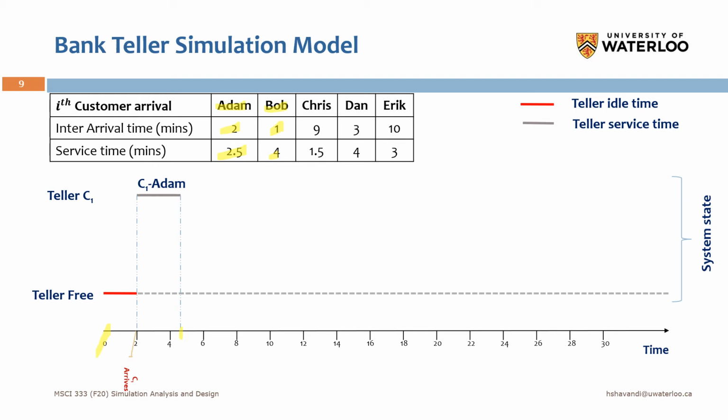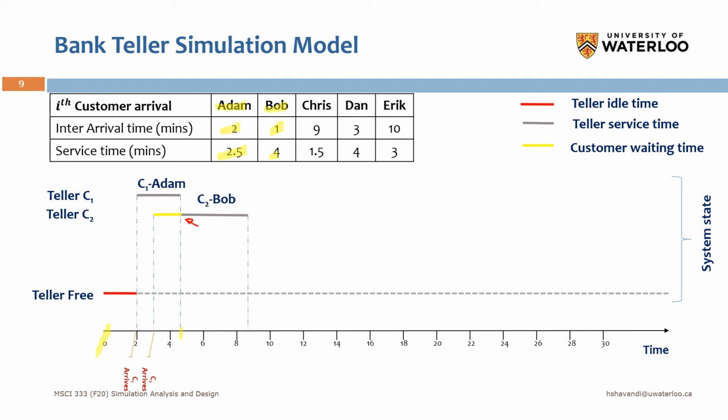And the next customer, Bob, arrives at the system at time 3. The next event here will be serving Bob.